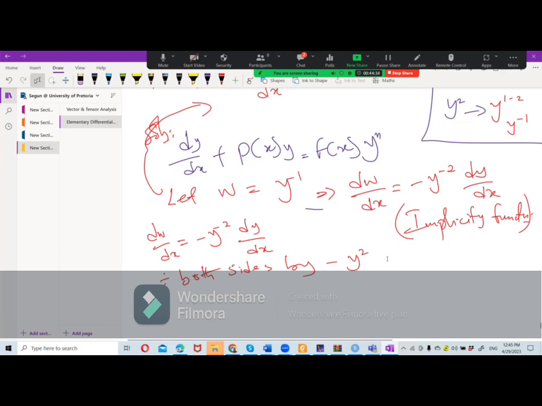So if you divide both sides, no, multiply, sorry. I need to say multiplication. You have to multiply both sides, because when you multiply, that's where it will cancel this. Do you agree with me?